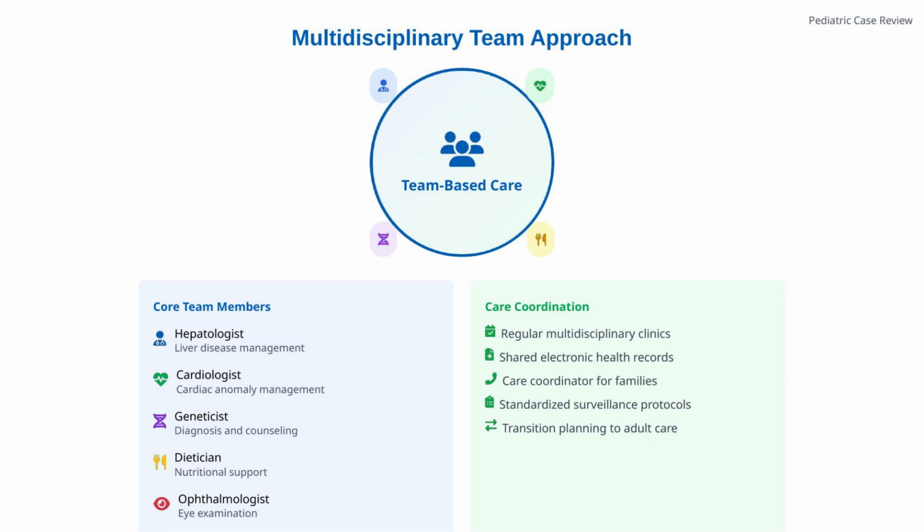Care coordination is essential and involves regular multidisciplinary clinics, shared electronic health records, a care coordinator for families, standardized surveillance protocols, and transition planning to adult care. Support resources include family support through patient advocacy groups, psychosocial support with mental health services, and educational assistance with school accommodations. This team-based approach ensures comprehensive care addressing all aspects of this complex multi-system disorder.